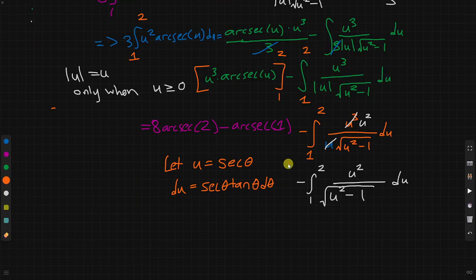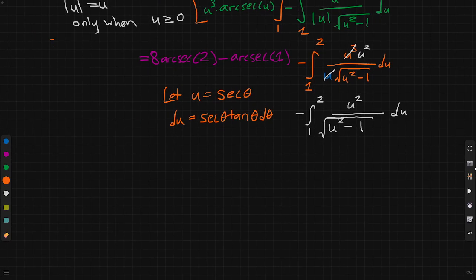Now we have to change our endpoints, so let's do that. The lower bound is u equal to 1, so I'm going to plug that into this. 1 is equal to secant theta, arc secant of 1 equals theta. So our lower bound is turned into arc secant of 1. And now our upper bound is 2 equals secant theta, so arc secant of 2 is equal to theta.